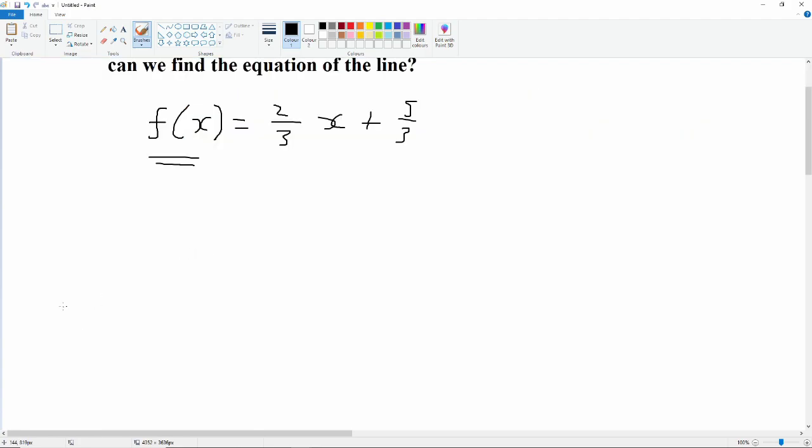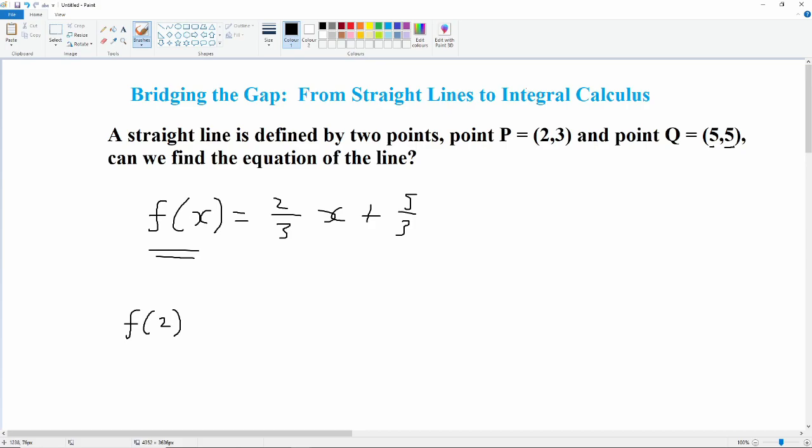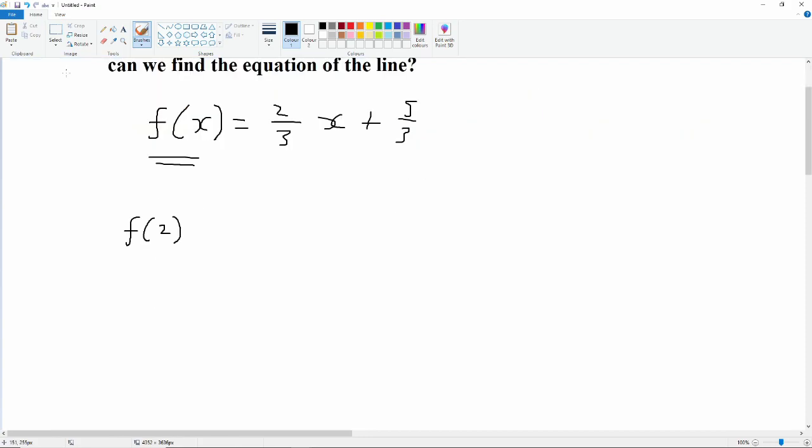So let's give that a try. So let's pass the argument 2 to this function. We know that the 2 here should come out as 3. If we did this correctly, we will get 3 as our result. So f of 2 is equal to, so what we do, we write out our function definition, but instead of x, we replace it with whatever x is, which is shown in the brackets.